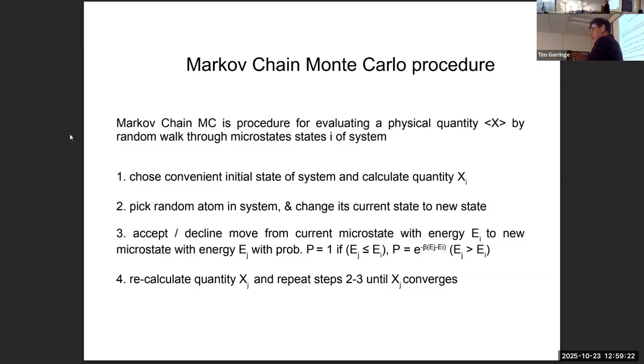So in that way, we're following exactly the same procedure we did for the internal energy of the gas: picking an atom, picking a molecule, picking a dipole moment, thinking about changing its state, and accepting or declining the change of state based on the Boltzmann factor.